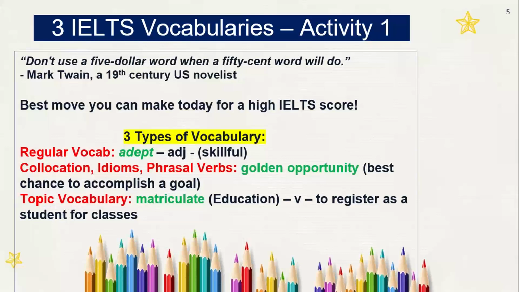For example, the word matriculate, to register as a student for classes. So education, technology, business, the environment, these are the types of topics on the test that are used fairly often, and you need to be aware of the vocabulary attached to each of these topics. All right, we'll get into that much deeper in the third part of the series.